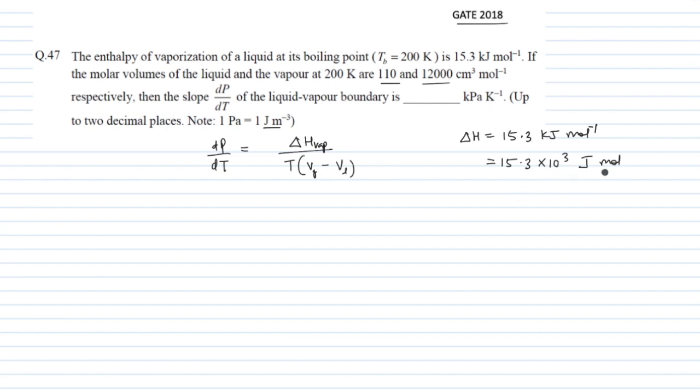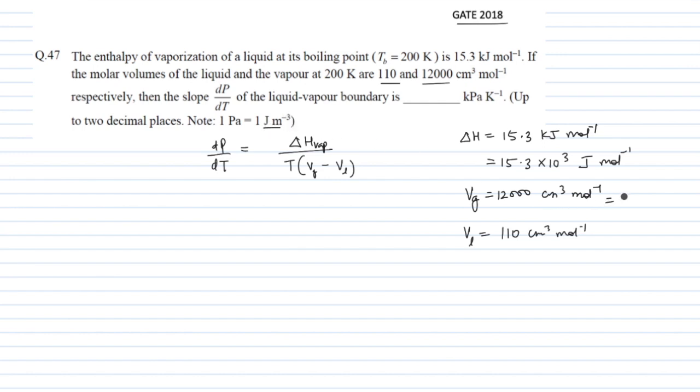Volume Vg is given to us as 12,000 centimeter cube per mole, and VL is given to me as 110 centimeter cube per mole. So I have to convert that into meter cube to get joules per meter cube.